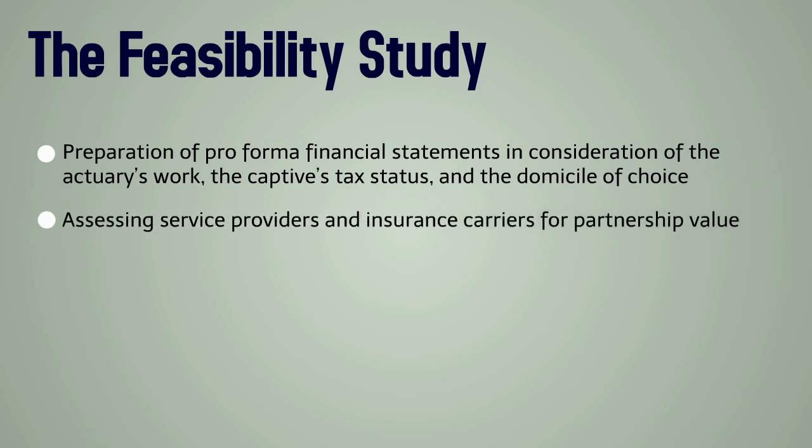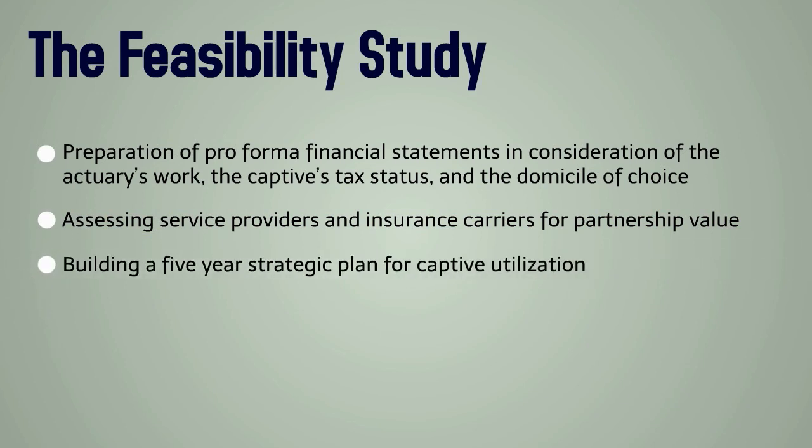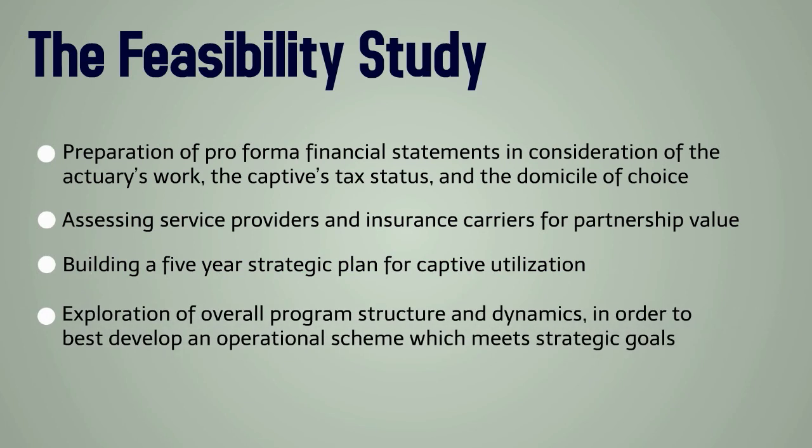Assessing service providers and insurance carriers for partnership value, building a 5-year strategic plan for captive utilization, and exploration of overall program structure and dynamics in order to best develop an operational scheme which meets strategic goals.